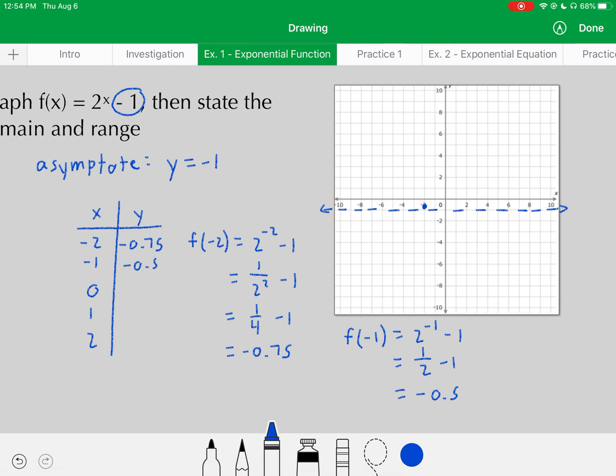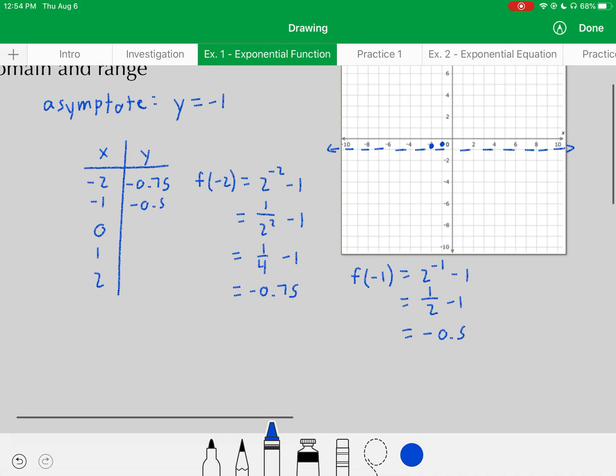Once again, just estimate the location of that point. Okay, f of 0 would be 2 to the 0 power minus 1. Remember, any number raised to the 0 power is 1. 1 minus 1 is 0. So we're passing through the origin.